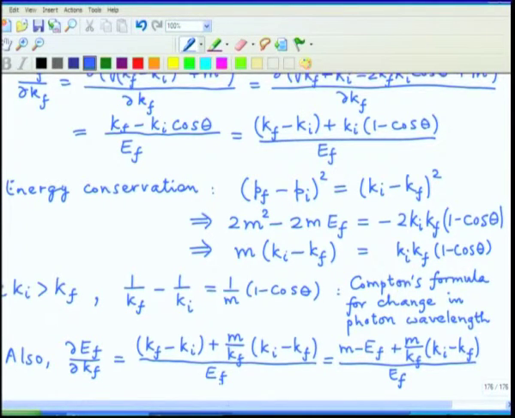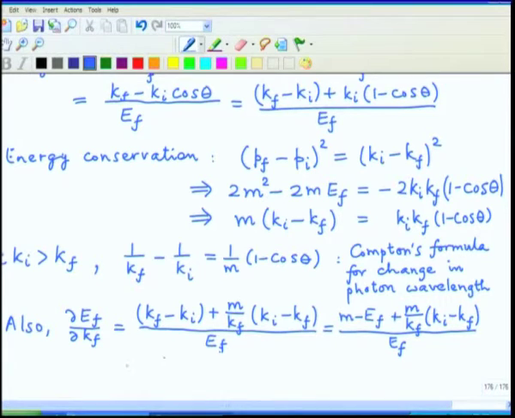and so this is m by E_f as a common factor here, then the various terms are 1 plus 1 by k_f times k_i minus k_f, that is one part, and then there is minus 1.